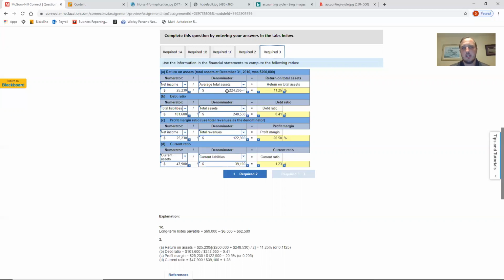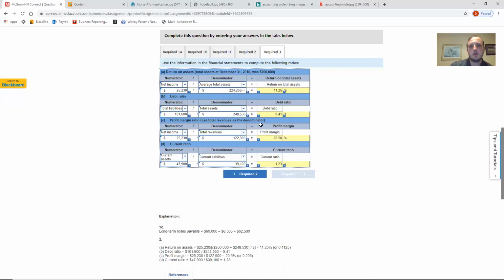So the amount of assets you used isn't based off of the beginning of the period or the end of the period, but throughout the period, this is how much assets you had devoted to this company. This is the return. So again, just average, you add beginning and ending, divide by 2. Okay.